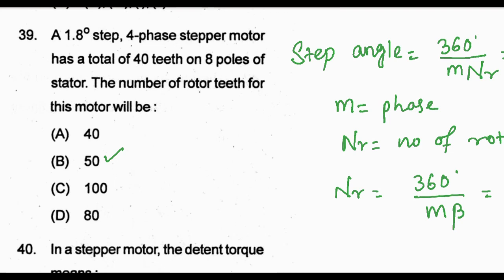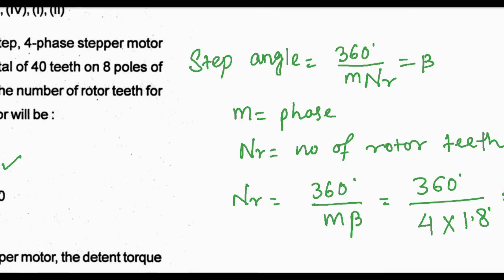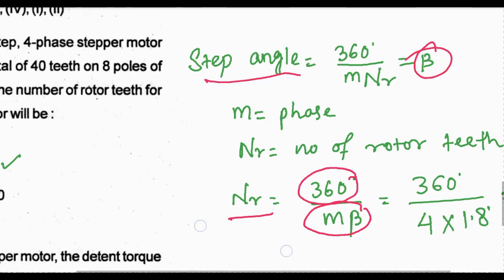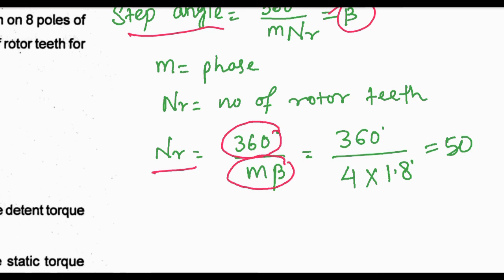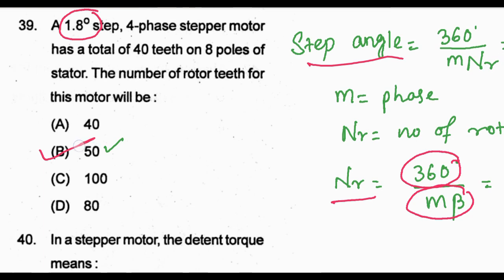Step angle is given as 1.8 degrees. The step angle formula is 360 by m into nr, where nr is the number of rotor teeth and m is the number of phases. So nr will be 360 by m into step angle beta. That is 360 by 4 into 1.8 degrees, which equals 50 rotor teeth.